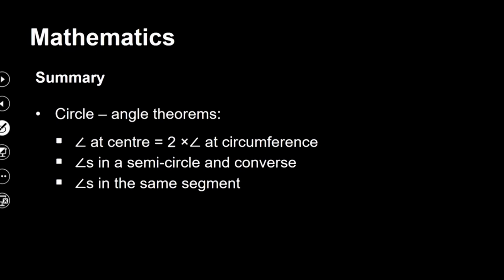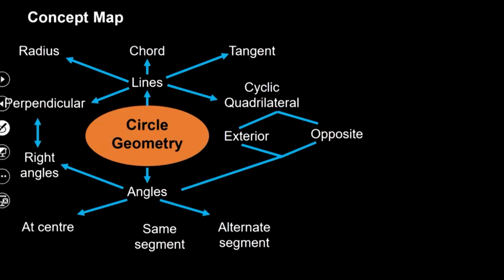So our summary of circle and angle theorems is this: we have an angle at the center, which is twice the angle at the circumference. The angle in a semicircle is 90 degrees, and also its converse. And then lastly, the angles in the same segment are what you need to look at.